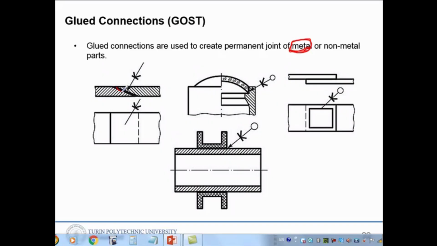The place which is joined can be shown this way. This kind of symbol, the arrow, and then this symbol means glue. So this area is a glass, that is a metallic part, so here it should be glued this way.